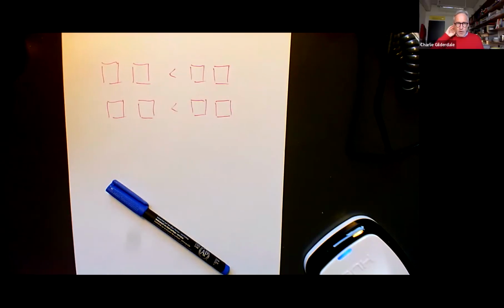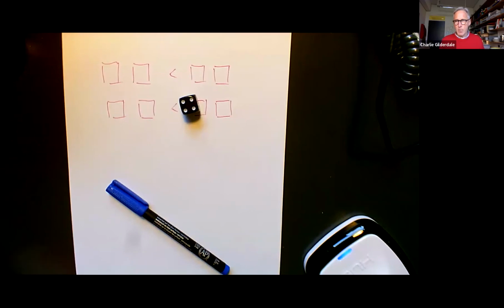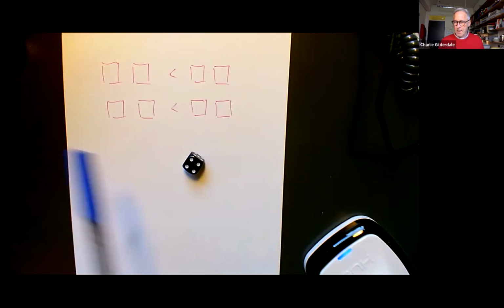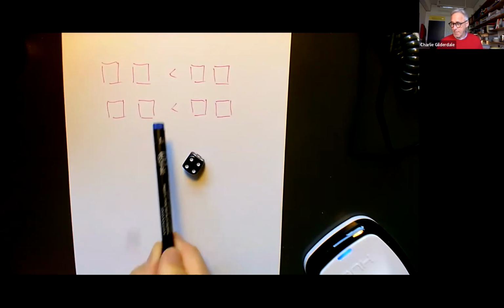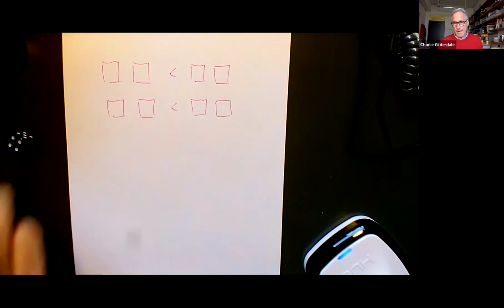Okay, so we've got 8 boxes there. I've got a dice, and we're going to throw the dice 8 times and decide where to put the score each time. So we can fill the boxes in any order we like. And the challenge is to make sure that we satisfy the criteria given by this smaller than sign.